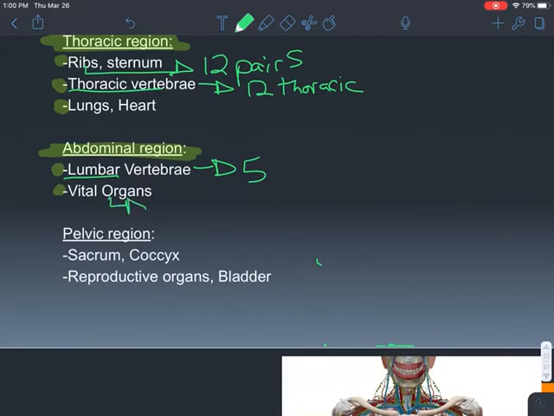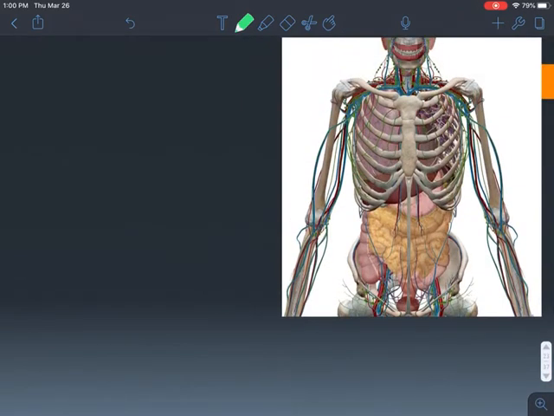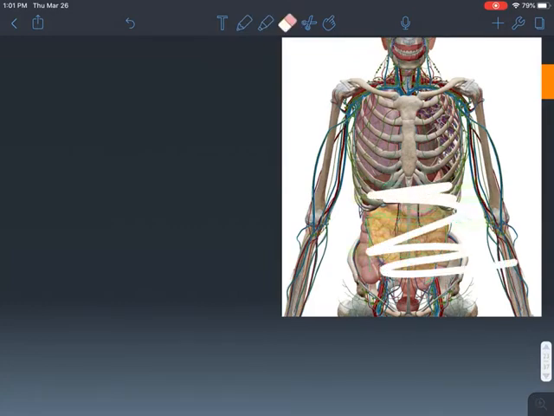And then you have vital organs like your stomach. Well, actually, I'll do that in a second. Look, there's your stomach, there's your liver, small intestine, large intestine, spleen, and so on. Okay.